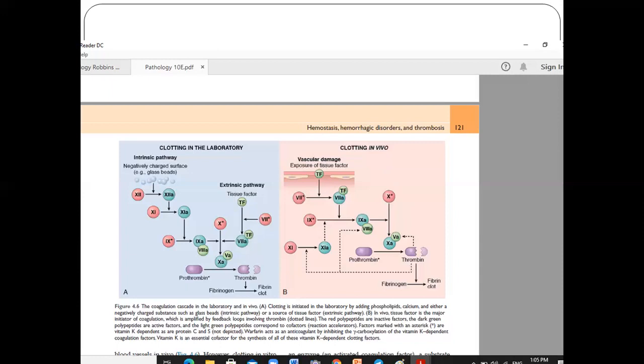Factors marked with an asterisk like 10, 9, 7 are vitamin K dependent, as are protein C and S. So which clotting factors depend on vitamin K? Factors 2, 7, 9, 10 and protein C and S, not depicted here. Warfarin acts as an anticoagulant by inhibiting the gamma carboxylation of the vitamin K dependent coagulation factors. Vitamin K is an essential cofactor for synthesis of all these vitamin K dependent clotting factors.